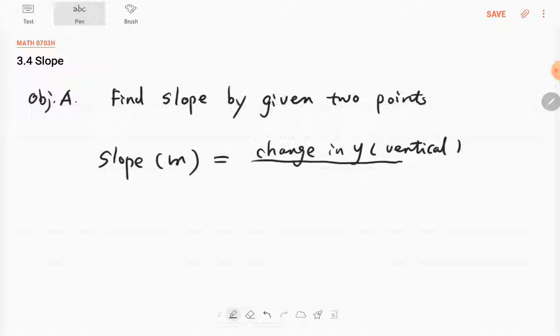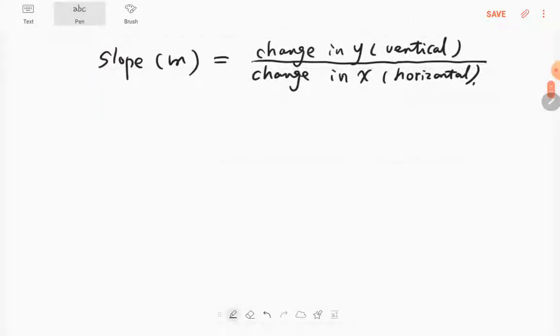Vertical change is our numerator, and change in x, so here is horizontal. The denominator is horizontal. Make sure you don't mess up. So the top will be change in y, and the bottom will be change in x. So that ratio is our slope.